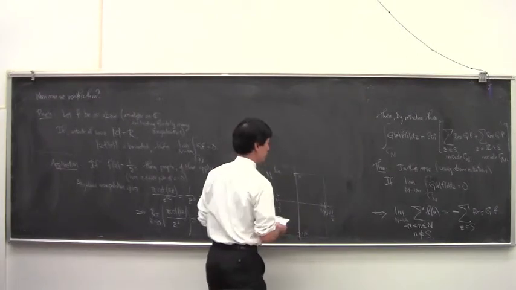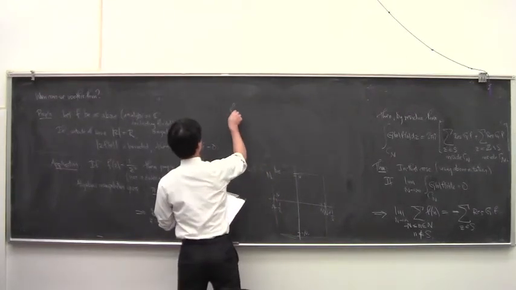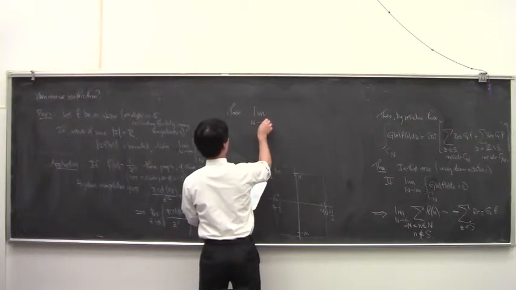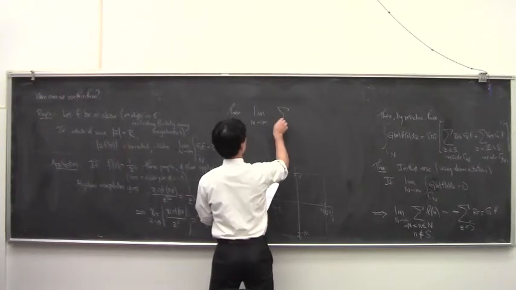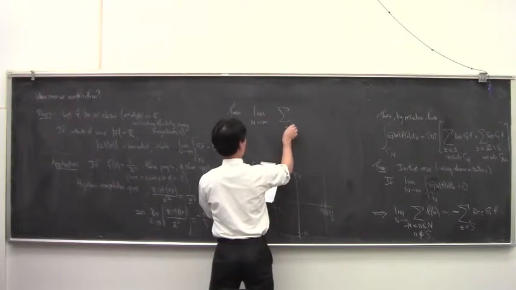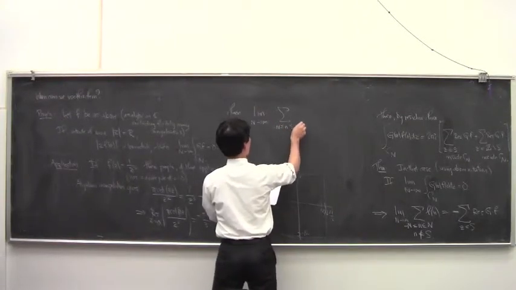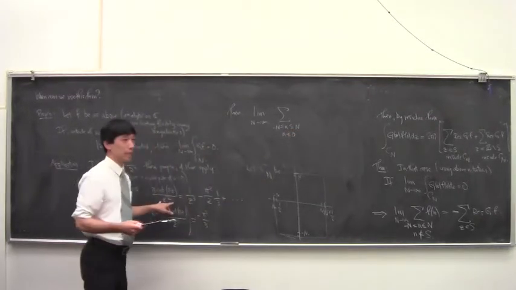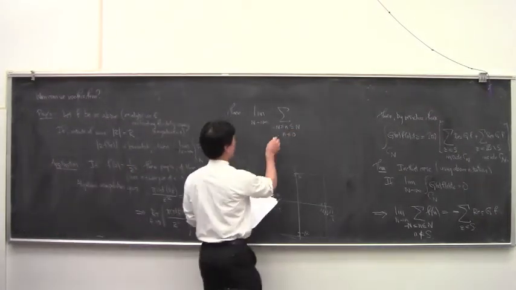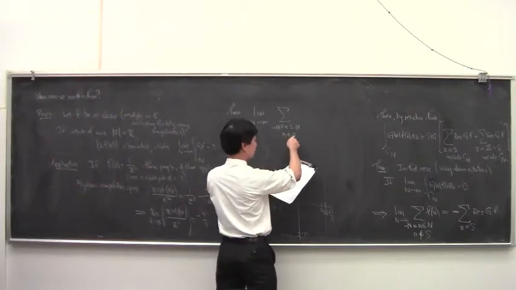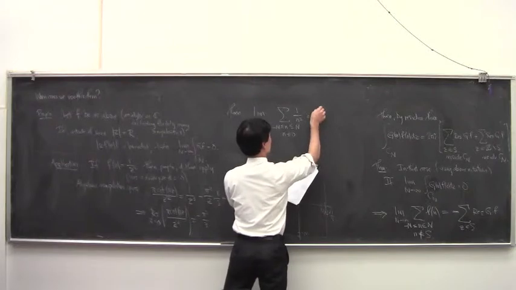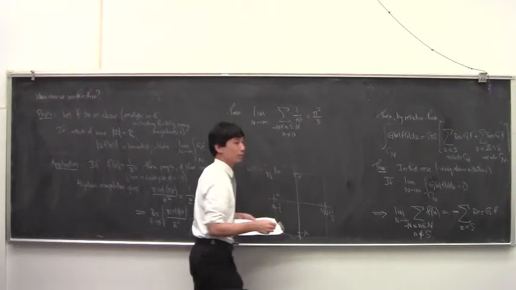The theorem says that the limit as n goes to infinity of the sum over n between negative n and n, as long as n is not a singularity of f, as long as n is not equal to 0, this limit is negative pi squared over 3.